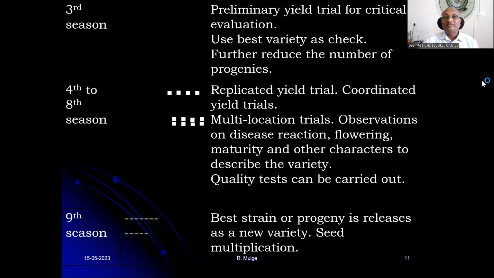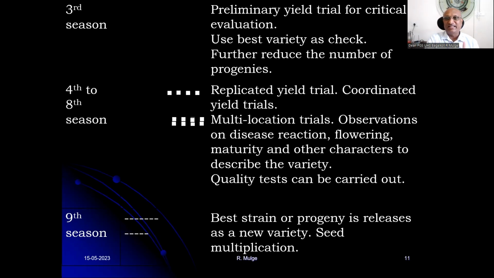in the very third season, you have the preliminary yield trial for a critical evaluation. Now PYT, the preliminary yield trial. Earlier, you had done it with visual observation only. Now you have to record the yield. Use the best variety as a check. Along with the existing variety, you should evaluate it.